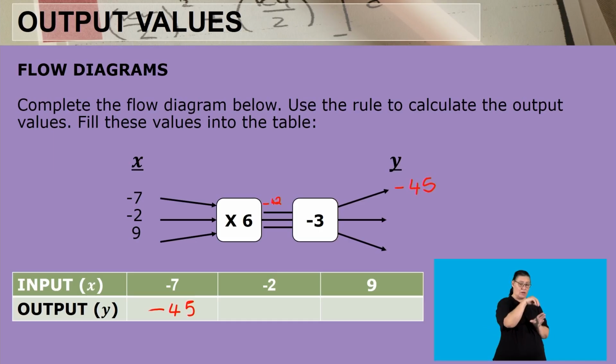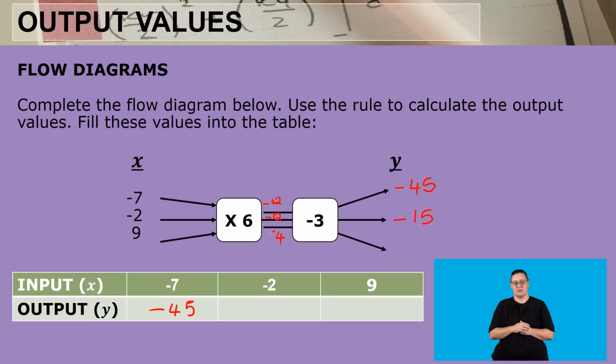What about the -2? Well, -2 multiplied by 6 is a -12. And now from that -12, we are going to subtract 3. That is going to give us a -15. What about our 9? Well, when we multiply 6 by 9, we are going to get an answer of 54 actually.